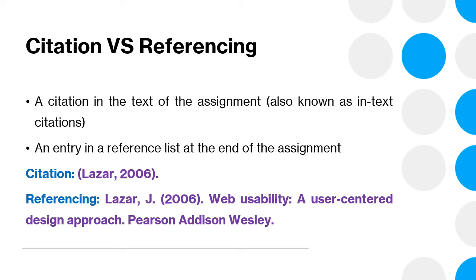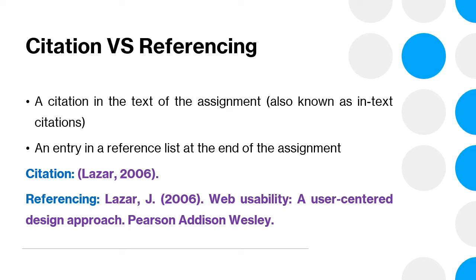When you are writing a literature review chapter or anywhere within your research report, if you are acknowledging and borrowing ideas from past authors or the work they did in the past, in that case you cite, you acknowledge. For example, the citation is Lazar 2006. This is a citation under APA style.